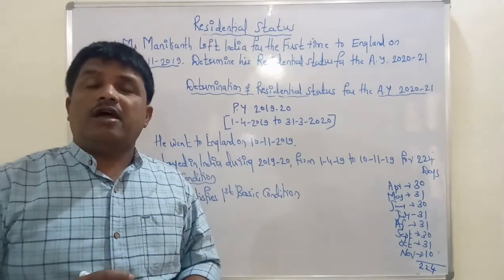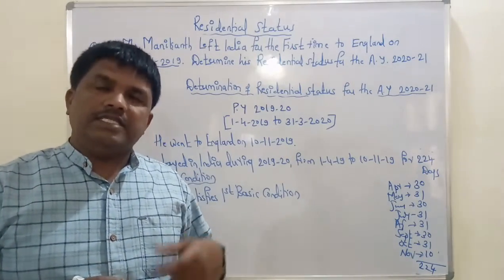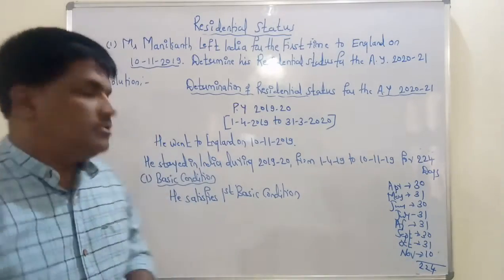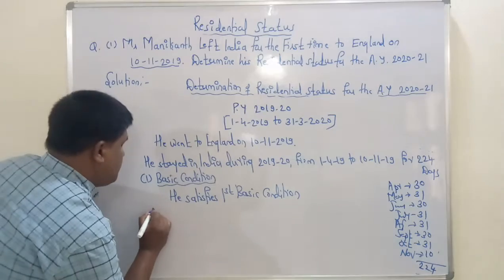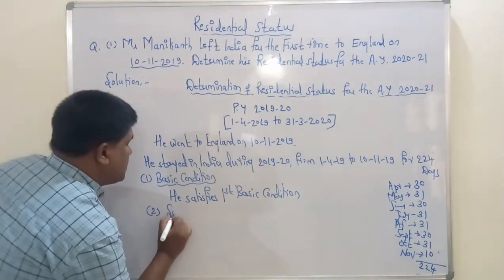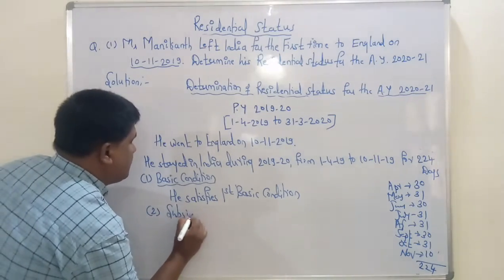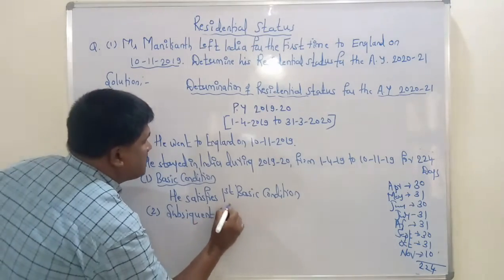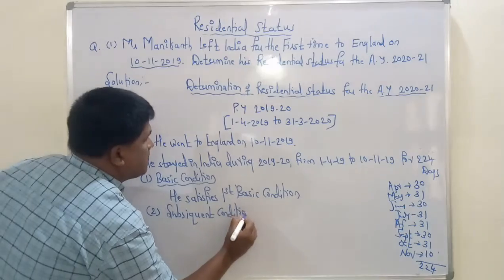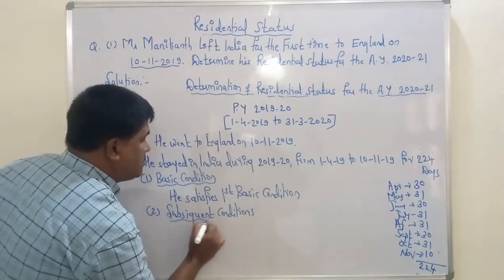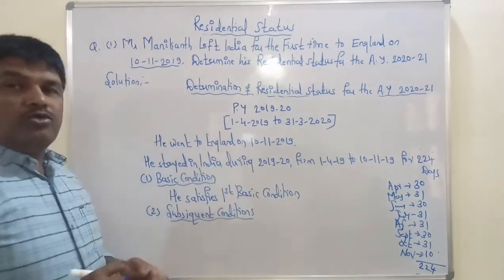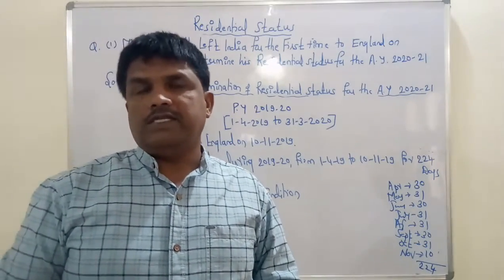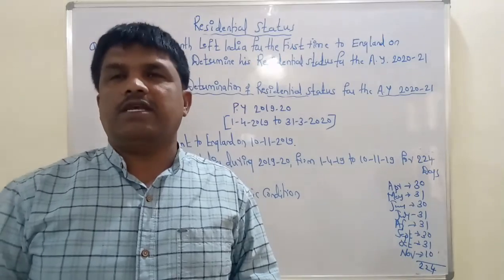Next, in order to determine his actual residency status, we must go through the subsequent conditions. There are two subsequent conditions. He must satisfy both. What is the first subsequent condition?